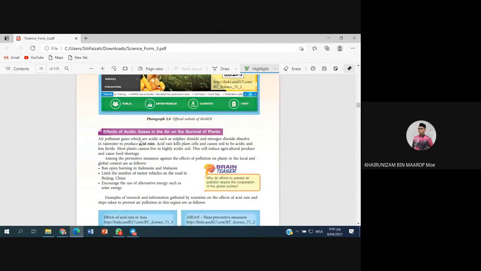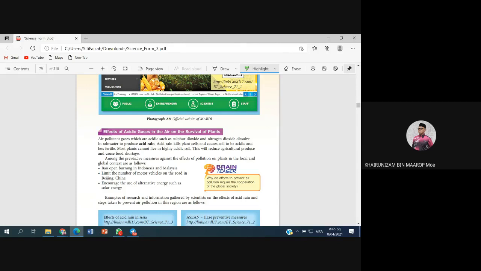For example, industrial factories and motor vehicles release smoke containing soot and dust, and open burning also releases haze. So this substance will be suspended in the air and then finally settle over the surface of the leaf.